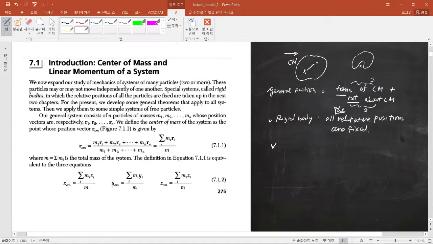So here we know that the center of mass is defined as R center of mass is equal to 1 over the total mass times the sum of m_i r_i, where i is the i-th particle with mass m_i.